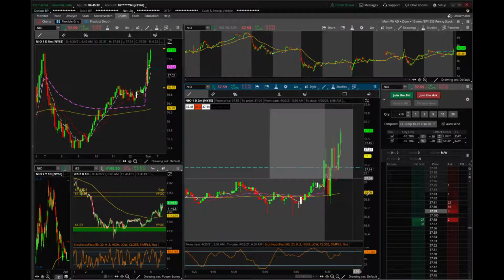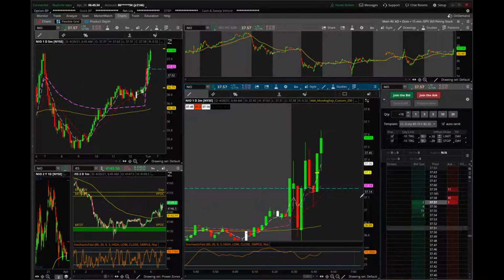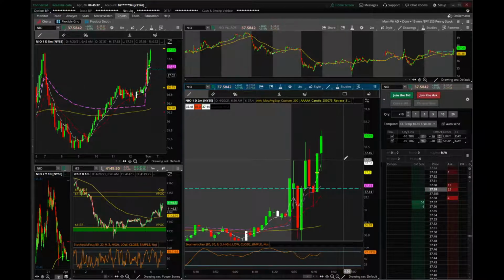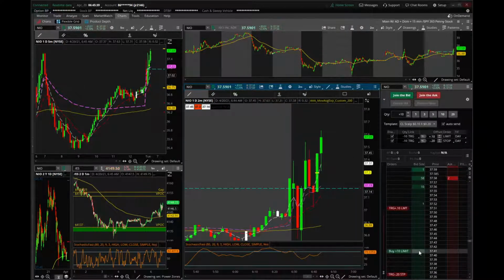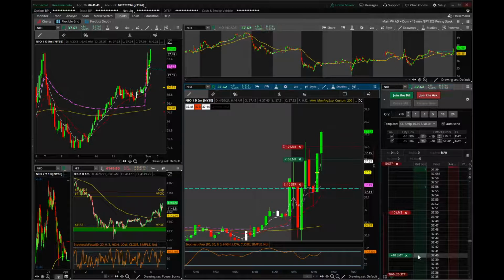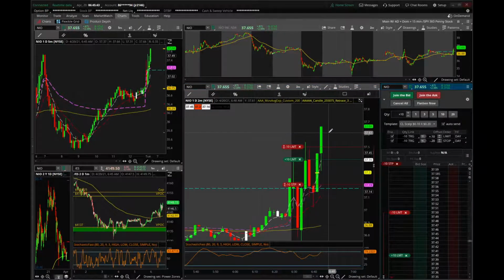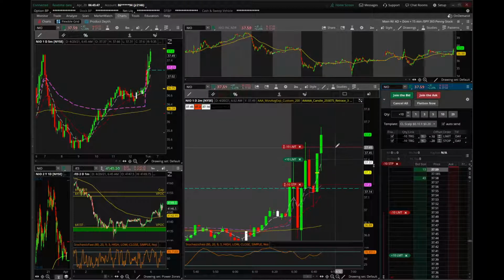Neo, let's watch Neo. Yeah, maybe around the 40 level. I like Neo maybe for a quick pullback, if we could get a quick pullback, but it's got to happen quickly. So we'll see what happens.